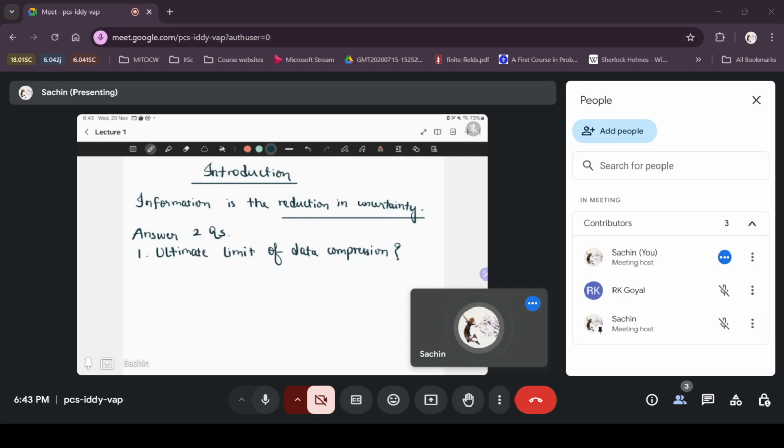So when we have certain information, let's say we have some data that we want to store, or let's say you have a novel, you will have to store the novel on your computer. You can't directly store the letters in a computer, right? The computer only takes binary values.